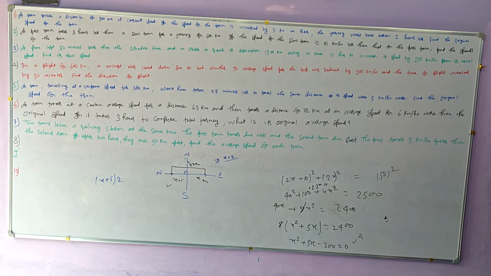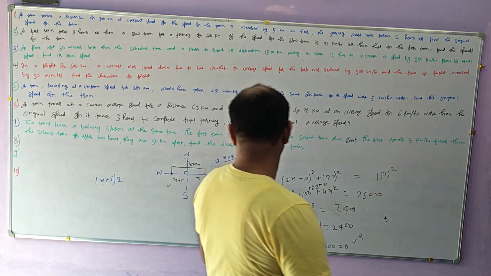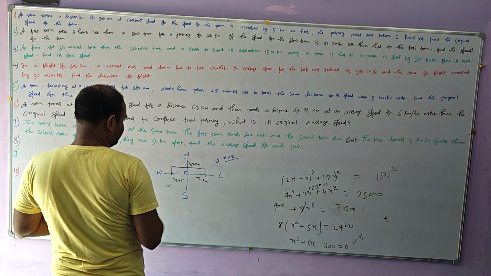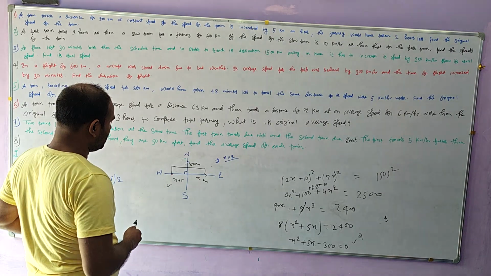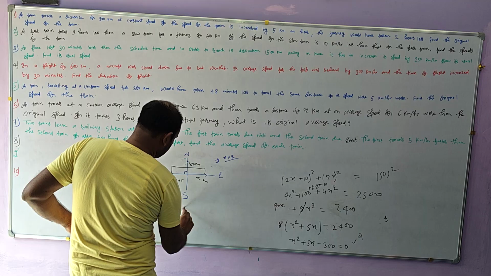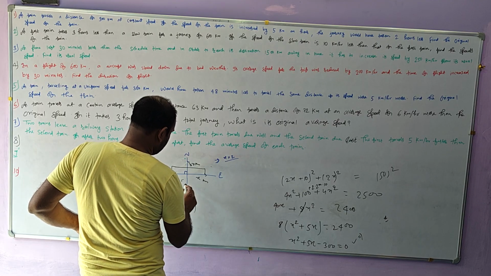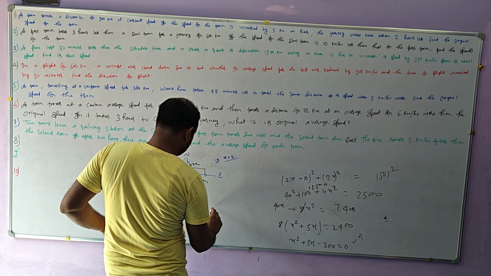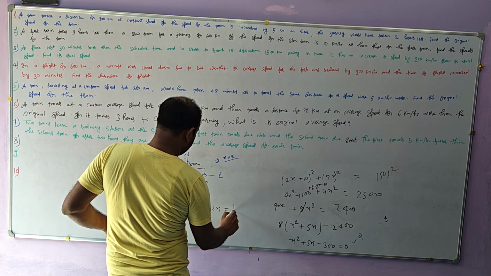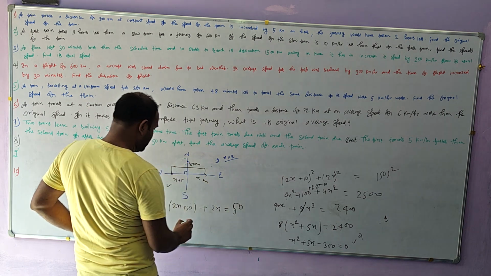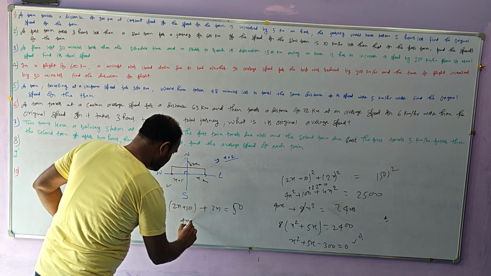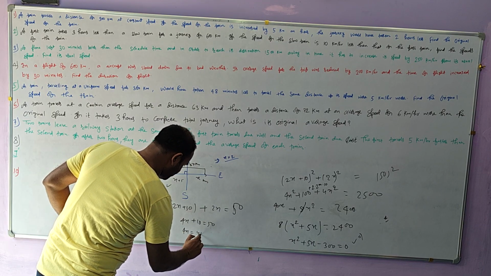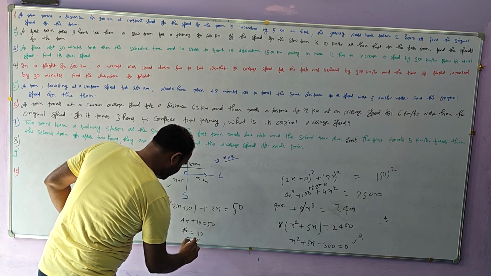So now we need to find out the speed. So we can say that (2x plus 10), same, multiplied with 2, and 2 times 2x, that is going to be 50. 4x plus 10 is equal to 50, that means 4x is equal to 40, x is equal to 10.